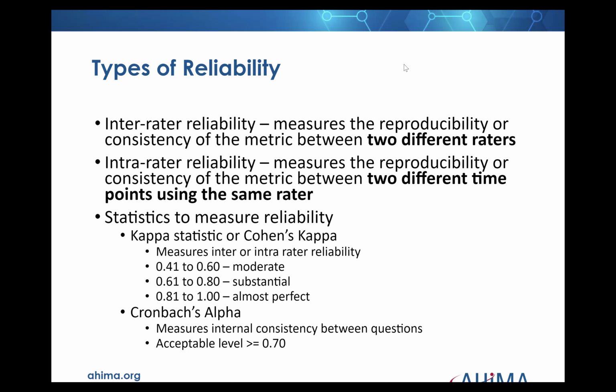But a generally agreed upon guide is that 0.41 to 0.60 is a moderate level of reliability, 0.61 to 0.80 is substantial, and 0.81 to 1.0 is almost perfect. Cronbach's alpha measures the internal consistency between questions. An acceptable level is greater than or equal to 0.7.